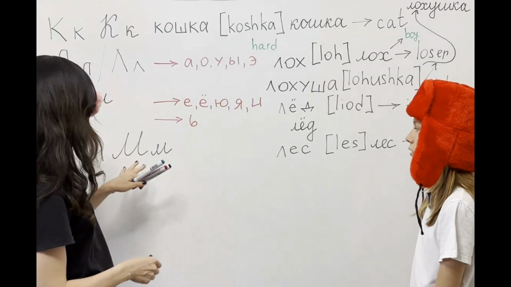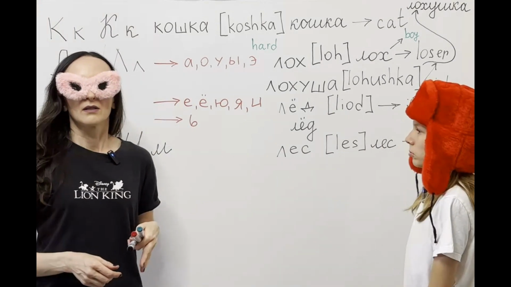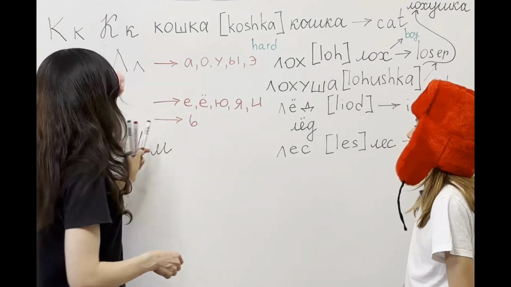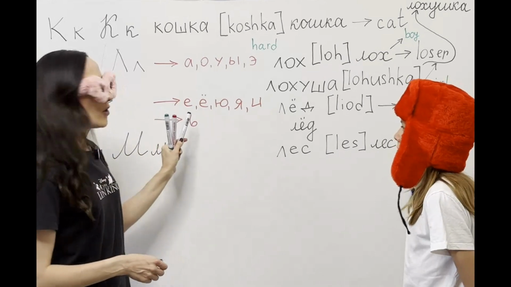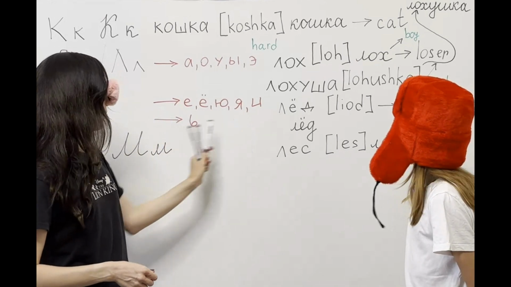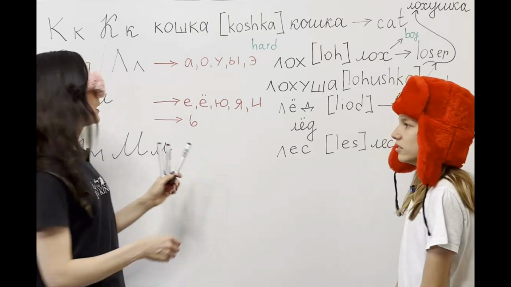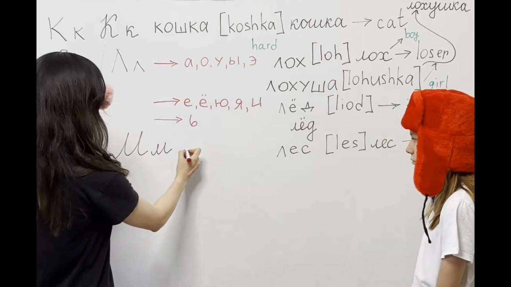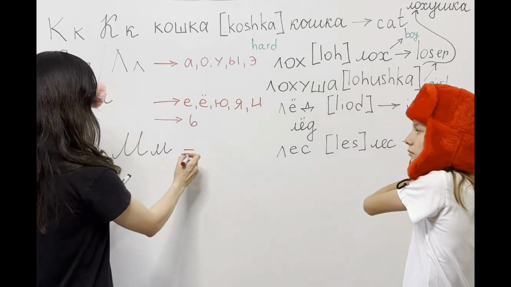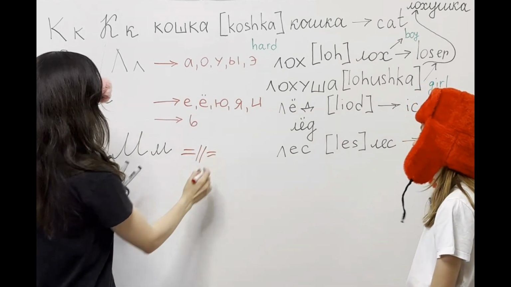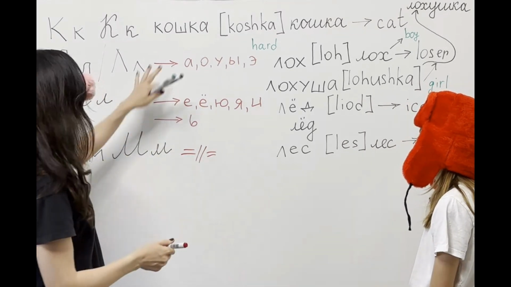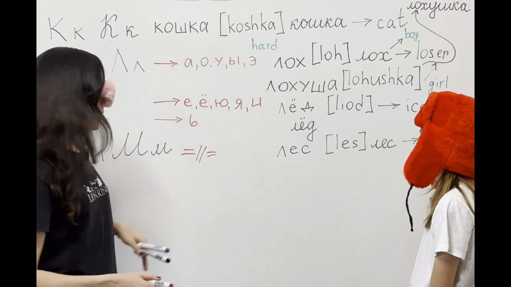And again, M is hard before these vowels and soft before these vowels and before the soft sign. So this rule works just the same here. I'm not gonna write it one more time, so just remember that this is the same here.